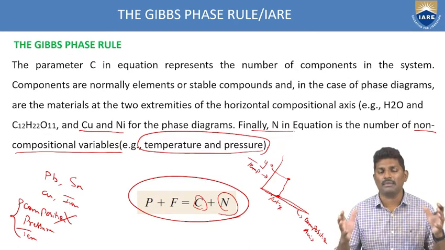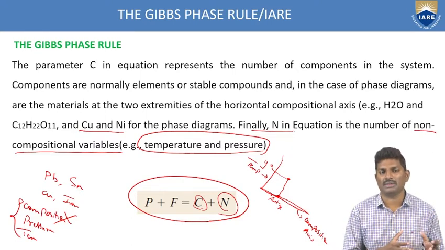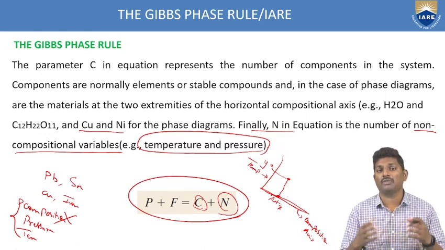So all these things can be identified or calculated with the help of this Gibbs phase rule. That's why, if you want to draw any type of phase diagram with any type of composition, it is very useful to know the Gibbs phase rule, and after knowing it, it is very easy for us to draw any type of phase diagram.